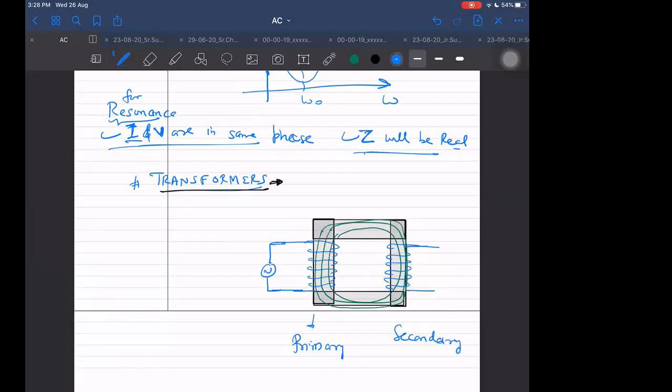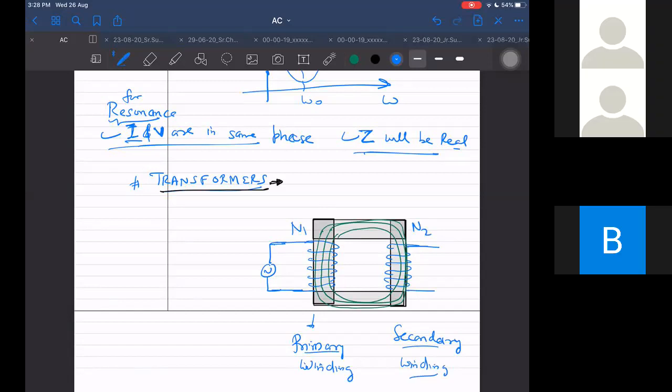Secondary coil, primary winding or primary coil, secondary winding or secondary coil. The input voltage is Vi, and the output voltage we are obtaining here is V output.